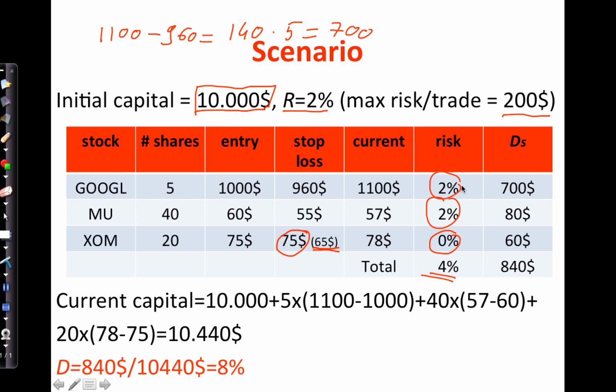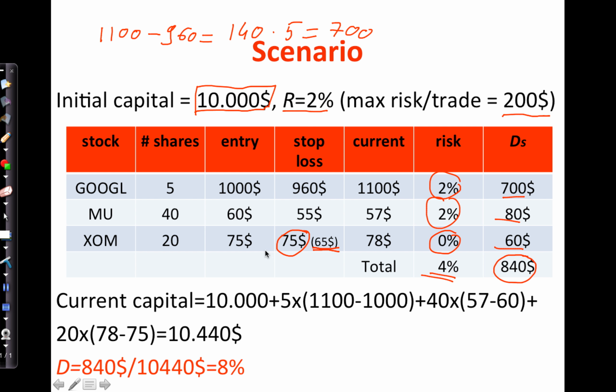In other words, if we hit stop loss, we will lose 700 from the current capital. And using the same formula, you get these three numbers, okay? Now, when we sum up everything, we get 840.